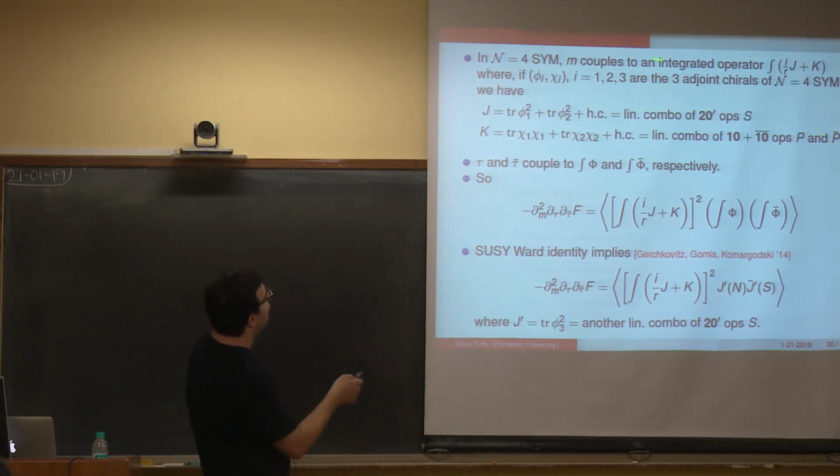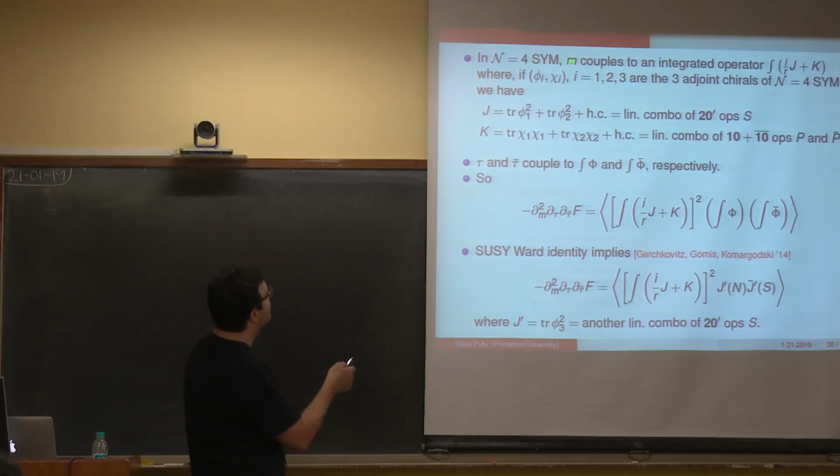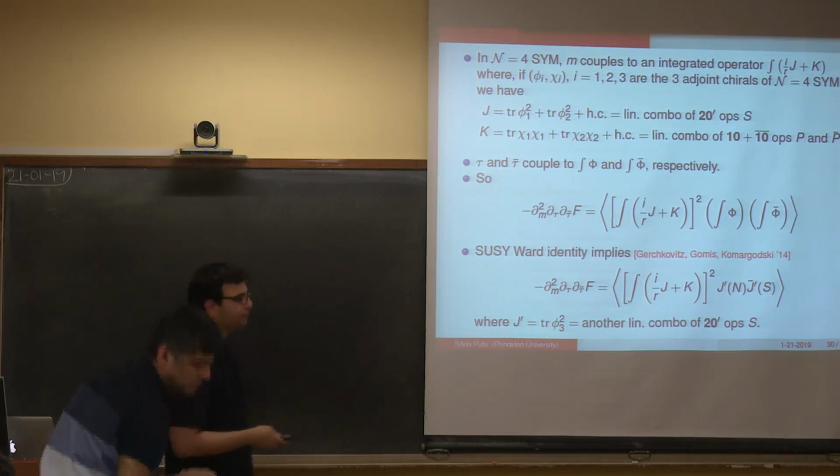So if we think about the N equals 4 Lagrangian in N equals 1 language, where we have three adjoint chiral multiplets with scalars phi I and fermions chi I, then these J's are trace of the phi's squared, K is trace of chi squared, and this J prime here is also trace phi squared.